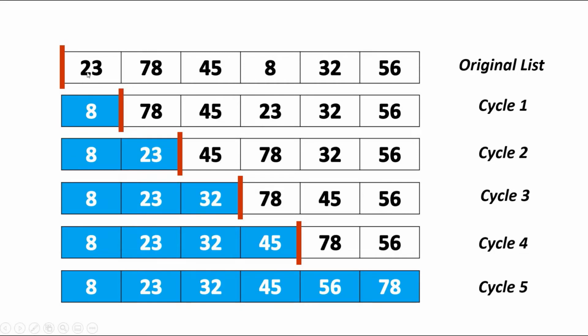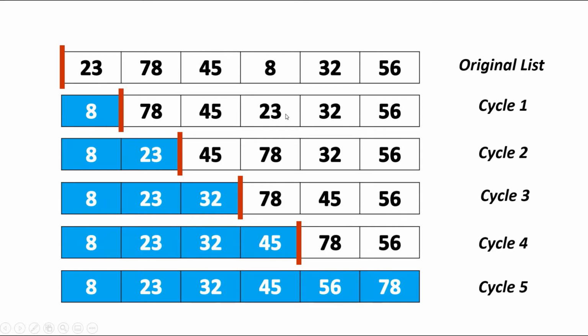Now let's see what is the smallest element in this list. It is 8. So, as in the theory, 8 must be swapped with the first element of the unsorted part. This is the unsorted part, this is the first element, and this is the smallest element, and these two will be swapped.